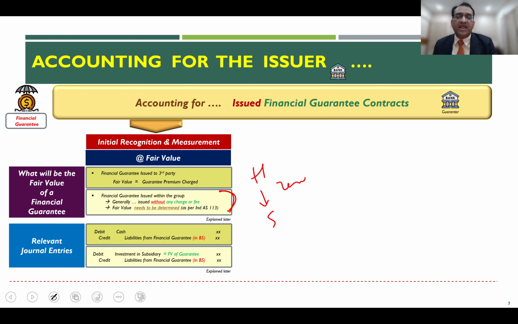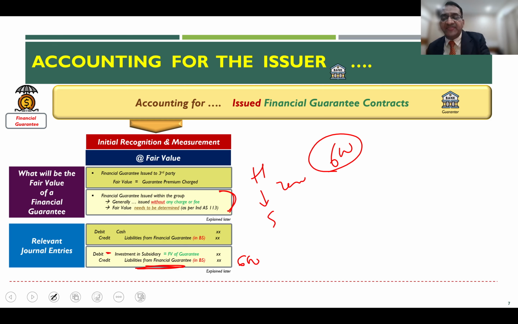So therefore, continuing the same example, if the liability of 600 continues, the journal entry would be recorded as if 600 would be the credit, which is fine. But what about the debit? Debit corresponding to the fair value of the guarantee, which is 600, will be debited on the basis of the relationship between the two parties, the guarantor and the party on whose behalf the guarantee has been given.